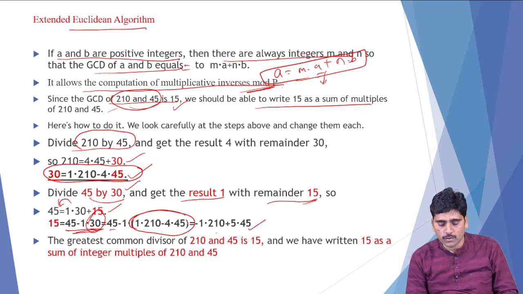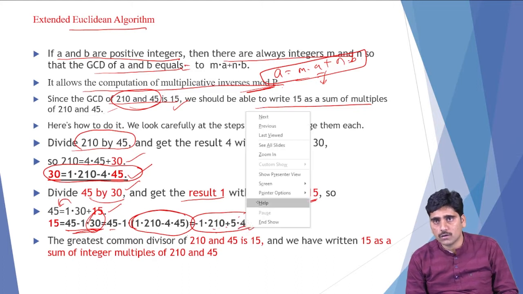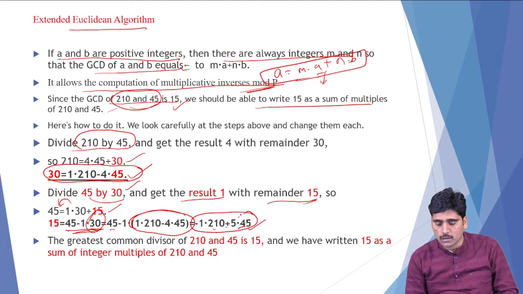Because 4 times 45 plus 45 is nothing but 5 into 45. So this is the obtained solution, and these are all the sums of multiples of 15.